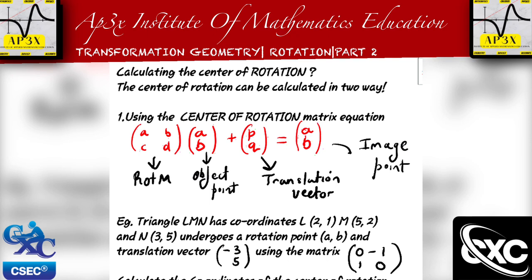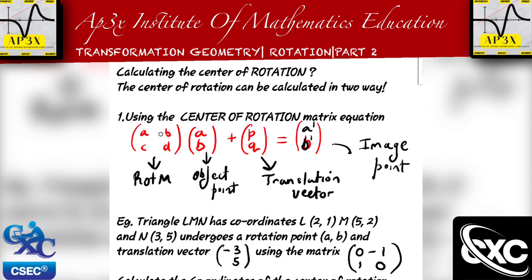Whenever that happens, the rotation is represented by the equation here on screen: the matrix ABCD multiplied by AB plus PQ is equal to, this should have been A prime B prime, pardon me, A prime B prime.